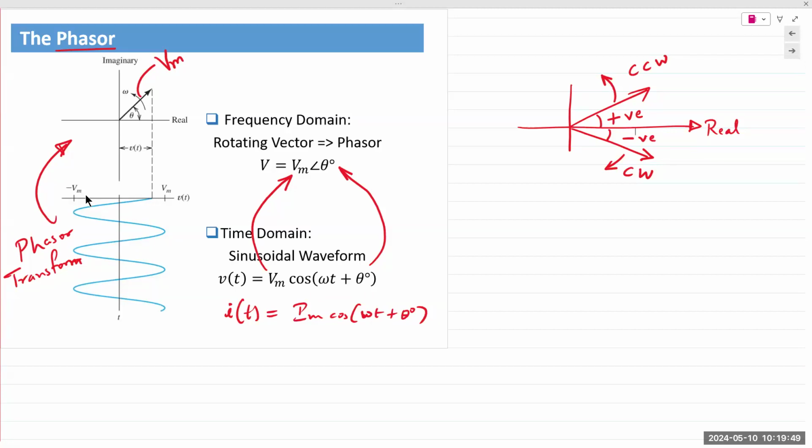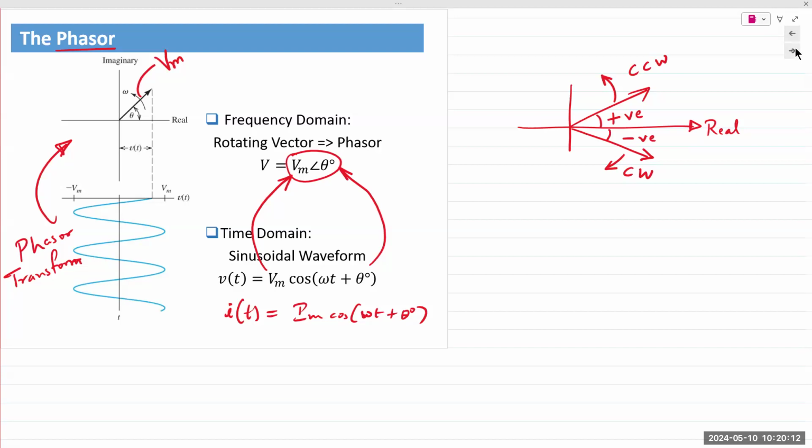Oh, yeah. So those are the polar coordinates. Again, we remember we're talking about maths, right? So the polar representation is the polar coordinates of the vector. If you project the vector on the real and the imaginary axis, you get the rectangular coordinates.